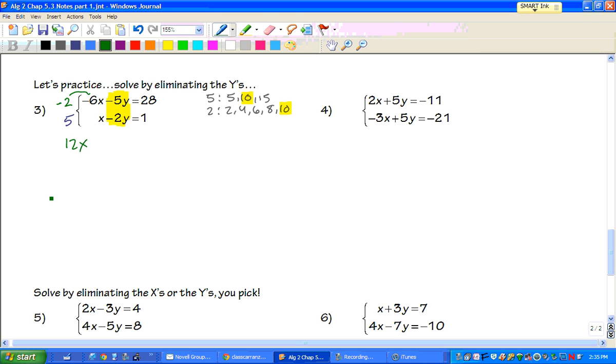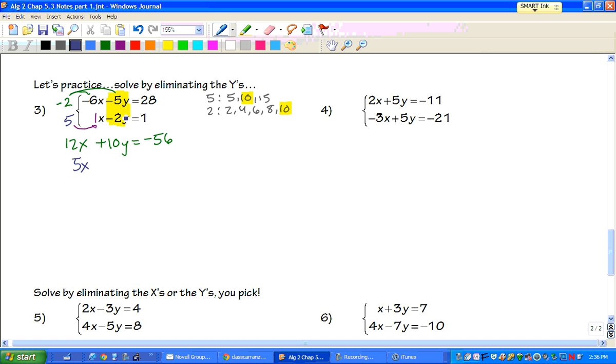Okay? So let's go ahead. Negative 2 times negative 6 is 12x. Negative 2 times negative 5 is a positive 10y. And negative 2 times 28 would be a negative 56. Okay, on the bottom. That's a 1 right there.